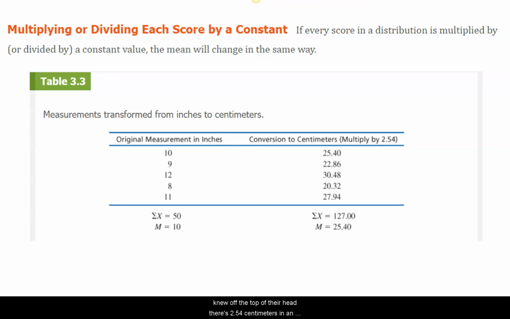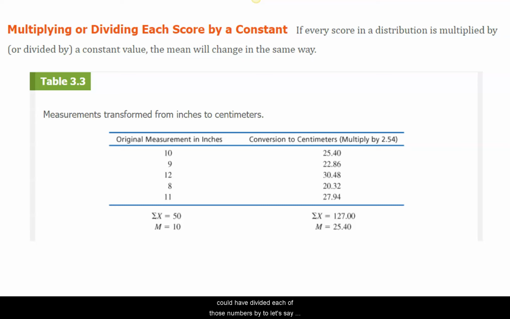And of course, who knew off the top of their head there's 2.54 centimeters in an inch? It's not common knowledge, unfortunately, here in the United States. We never did commit to the metric system. But in any case, we're just multiplying by that constant, and of course the mean is multiplied by that constant. We divided 127 by 5 and got 25.4. Of course we did.